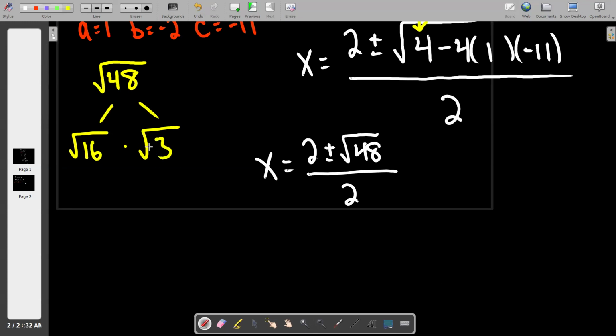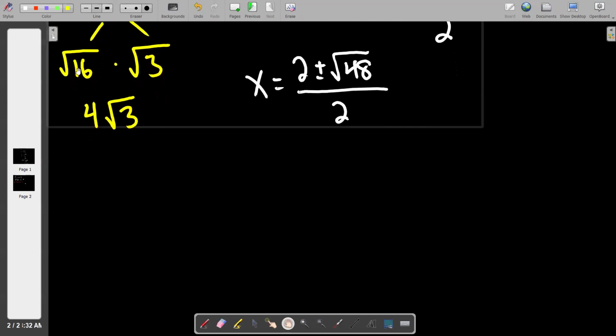That's why it makes the death list. We just don't think of 16s, but it's there. What's the square root of 16? 4. So we have 4 root 3. So I'm going to take out the square root of 48, and in its stead, I'm going to put 4 root 3.